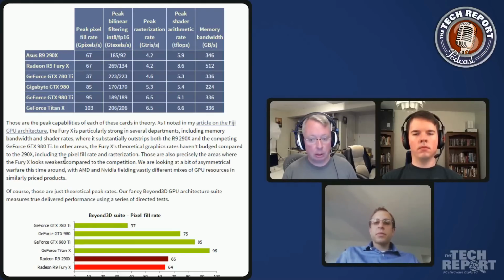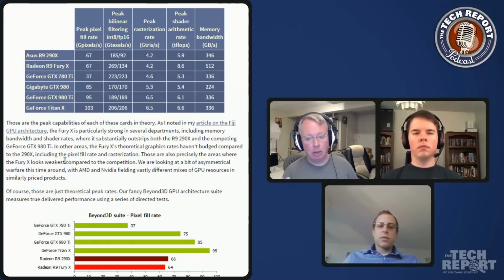Now, there is a color compression facility built into the Tonga chips and now into Fiji that will allow this GPU to more effectively store or stream data out of those ROPs. And so there's a potential for faster throughput overall. But the ROP count has not gone up.